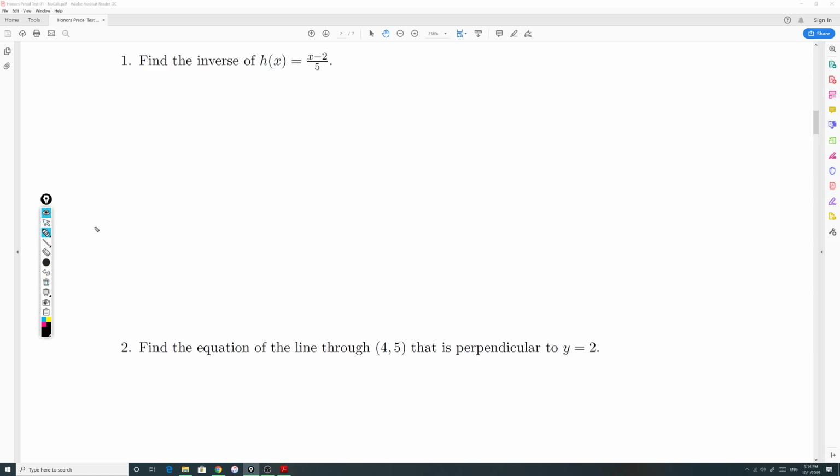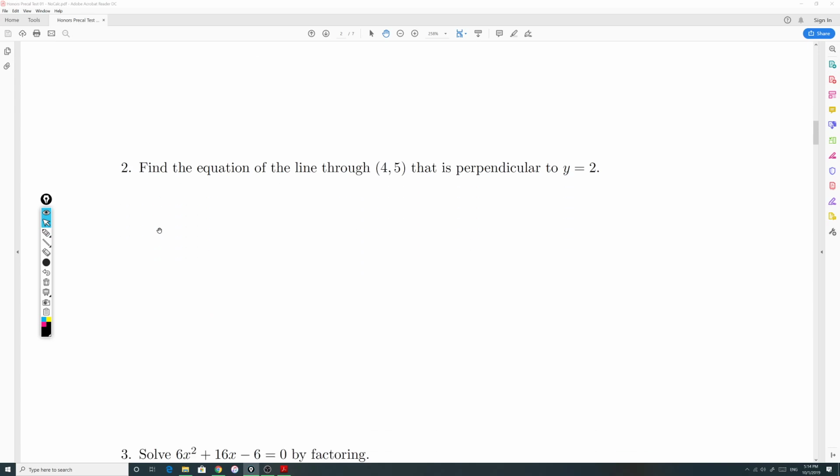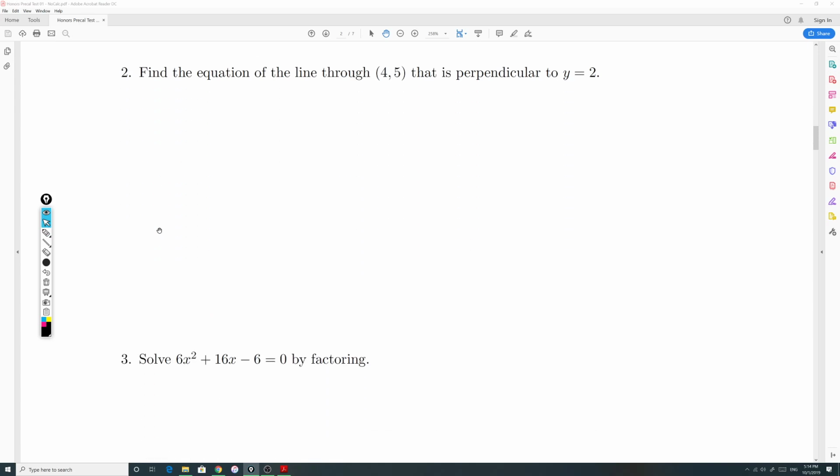Okay, so if we go down to the next question. Number 2, there's actually very little to talk about. There's no work to show. What we have to do is think to ourselves, well, what does the line y equals 2 look like? That's a special case from Algebra 1. That's a horizontal line.